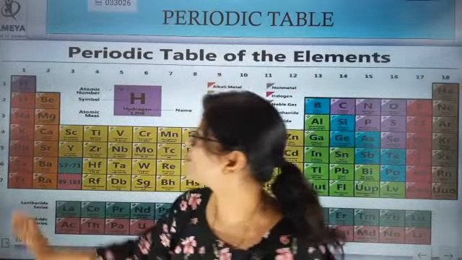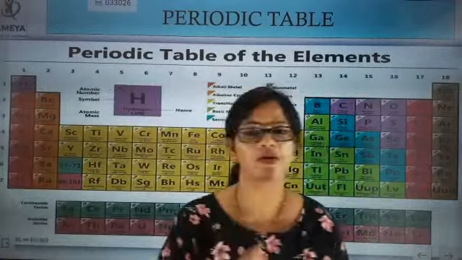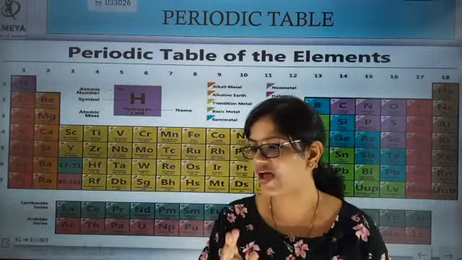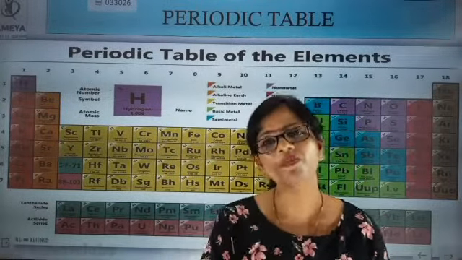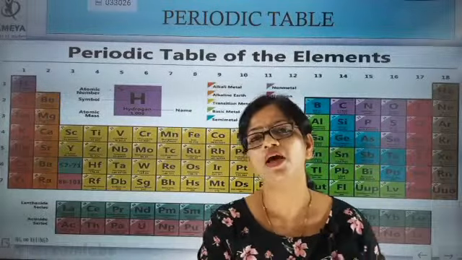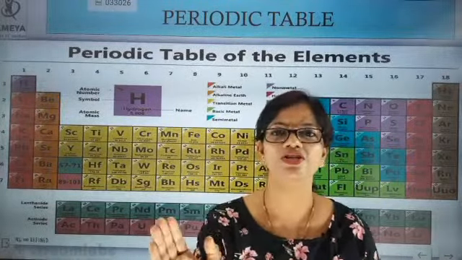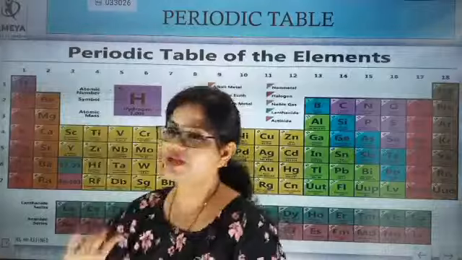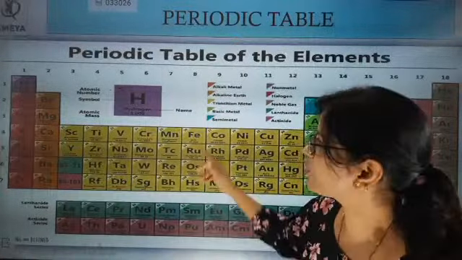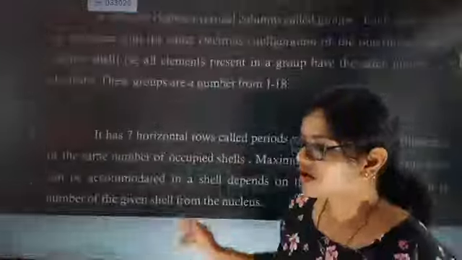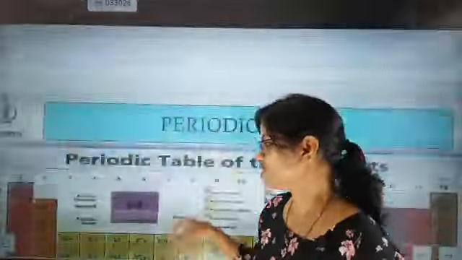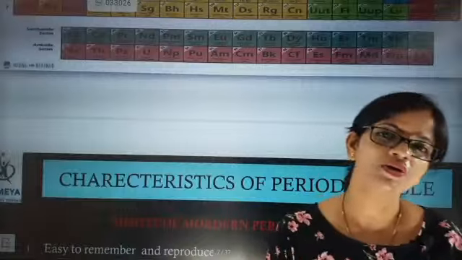In the same way, the valency will be the same, the valence electrons will be the same, and because of that, they will contain similar properties. So there will be no fight, no collision. Fine, so stability will be there. That is called periodicity in properties. They will resemble each other, like the halogen family and the noble family.